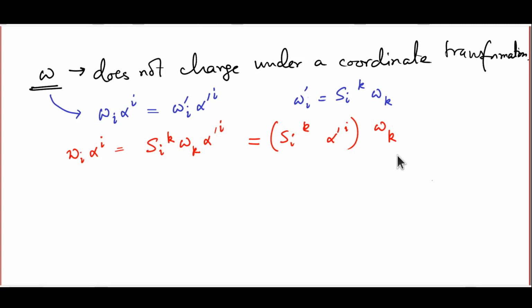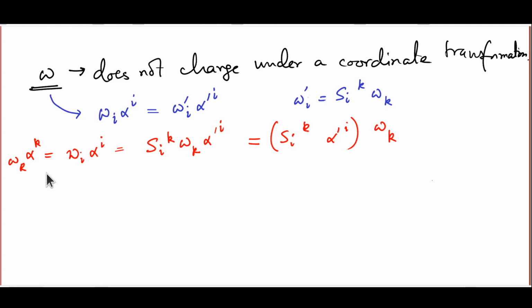Note that this equation is going to be correct no matter what omega you take. So in particular, what you can always do is look at this as an equation in which the coefficients of like omegas must be the same. In other words, here omega_k has a coefficient given by S_i^k alpha'^i. On this side, omega_k has a coefficient alpha^k.